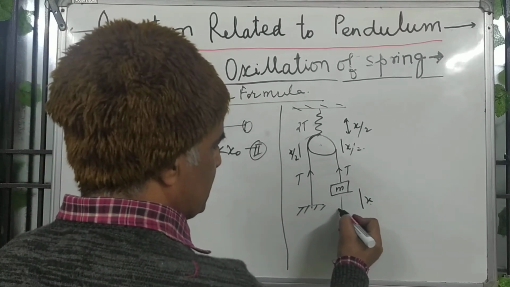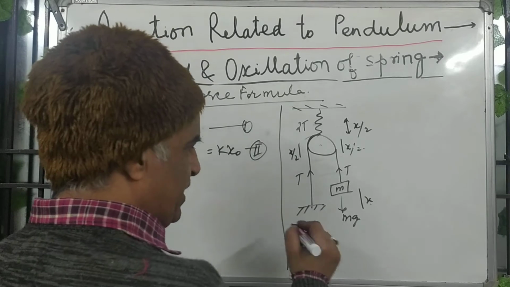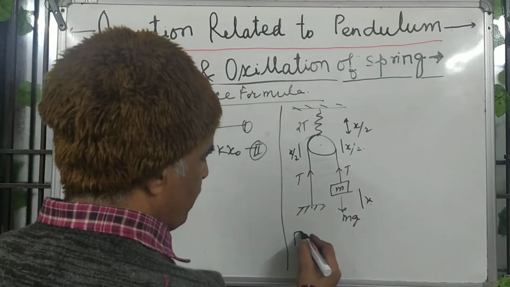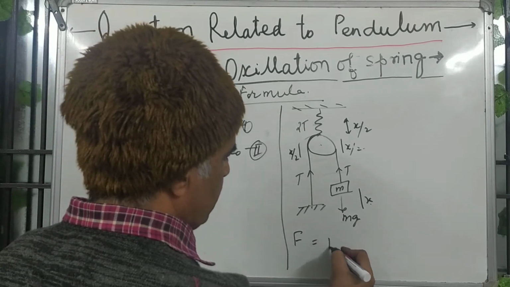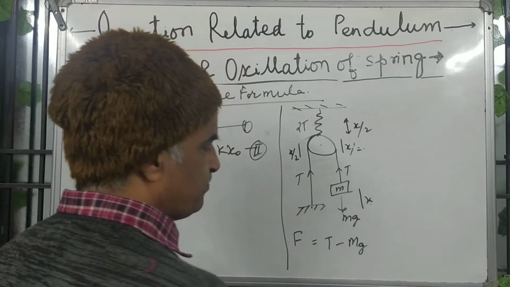In this, force mg is acting downwards, so T is upward. Let the mass m be moving upward, so the restoring force F equals T minus mg.